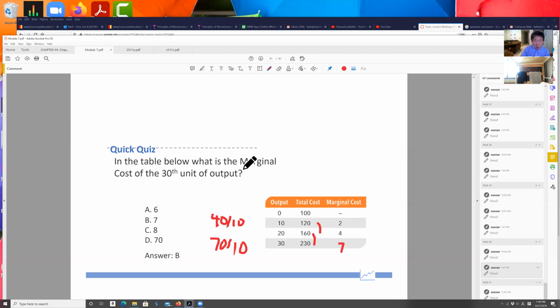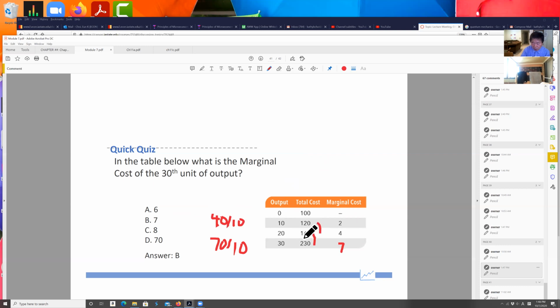In the table below, what is the marginal cost of the 30th unit of output? Marginal product here is, this difference in output is 160 minus 120, that's 40 units. And the change in output is 10 units, so that's 40 divided by 10.